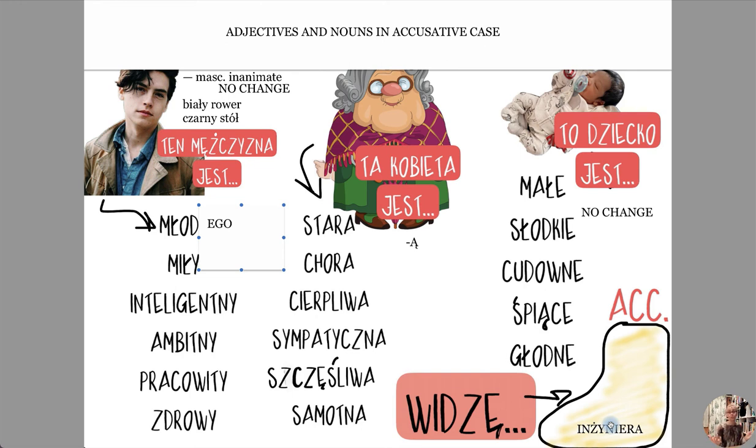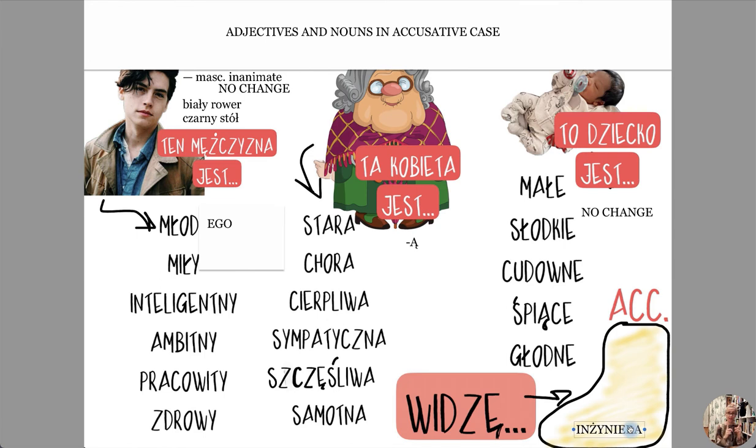Nie widzę młodego inżyniera. So you already know endings for the accusative case. If you know the genitive, you know the accusative case. Easy peasy, right? So again, if a masculine noun is inanimate, no change. If it's animate, we have to give the a ending, okay? So inżyniera.